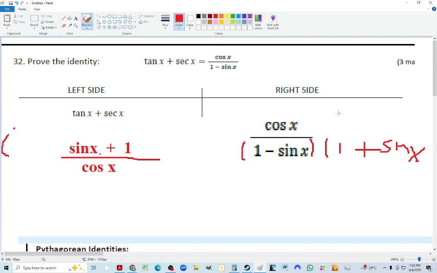And I multiply it by the opposite, 1 plus sine x, like that. So this is multiplying it by the opposite. So that I'm going to get 1 plus sine x minus sine squared.